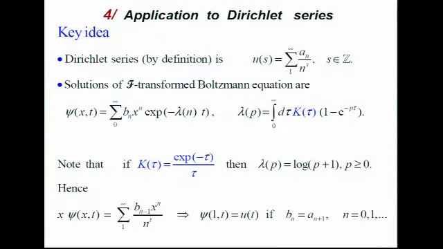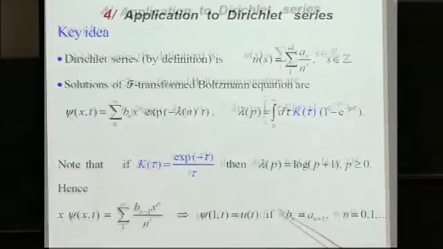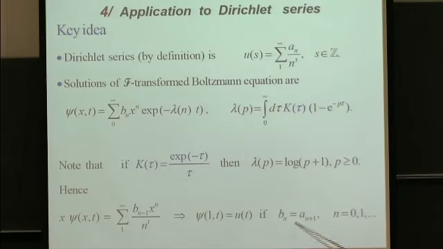And I will have the identity that if I take B n here in the form B n equals A n plus 2, then simply psi of 1, t will be identical to u of s, where u of s is this Dirichlet series.